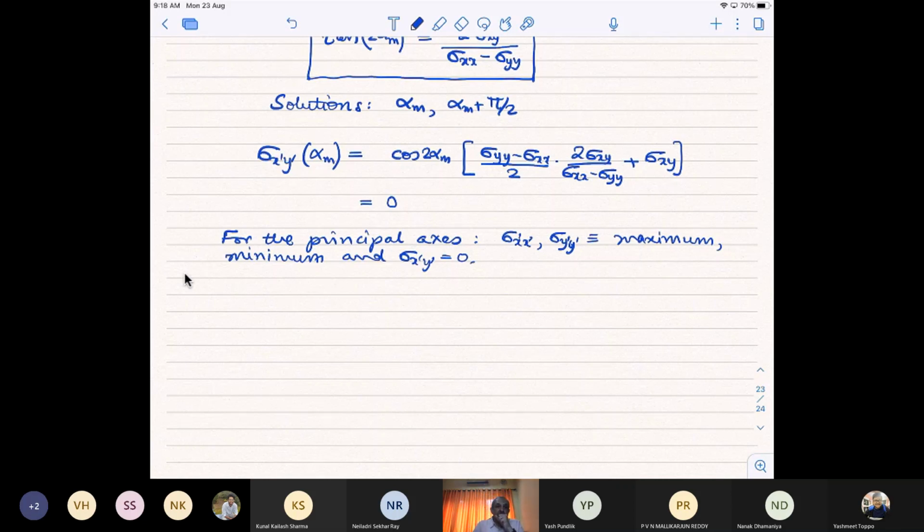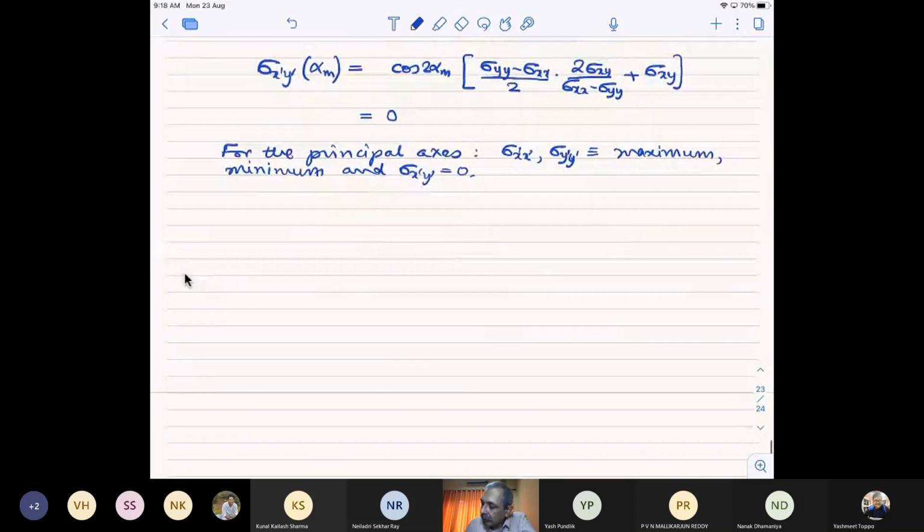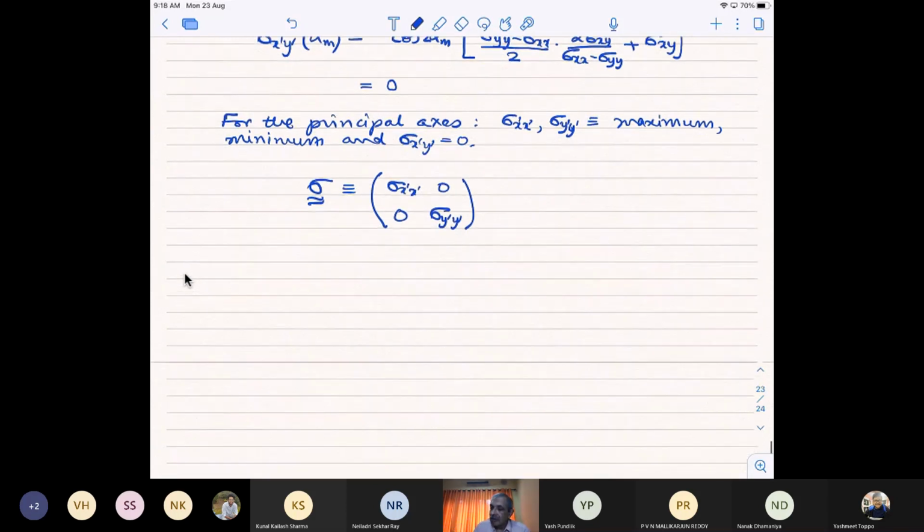This is the property of principal axes: when you have rotated by alpha m, our tensor in this new coordinate system is just sigma x prime x prime, 0, 0, sigma y prime y prime. It just becomes a diagonal tensor. So this is the whole idea, that you rotate it to get a diagonal tensor.